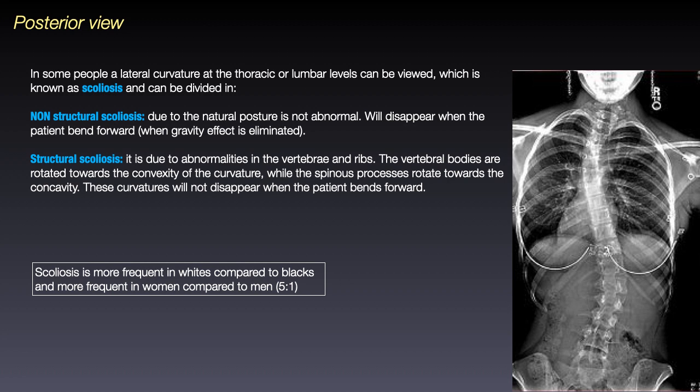But if the scoliosis is due to abnormalities of the vertebrae or the ribs that make the vertebral bodies rotate towards the convexity, we classify that as structural scoliosis and it will not fade away when the patient bends forward. We will see that in the seminar. Just know that scoliosis is more frequent in whites and in female patients.